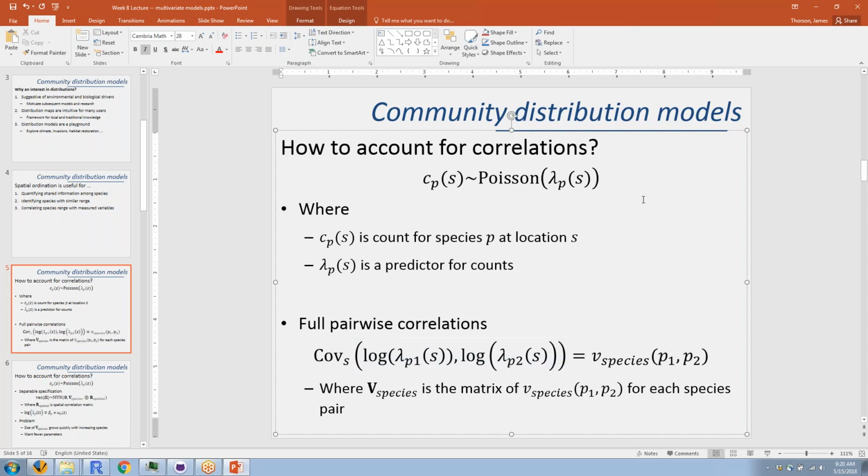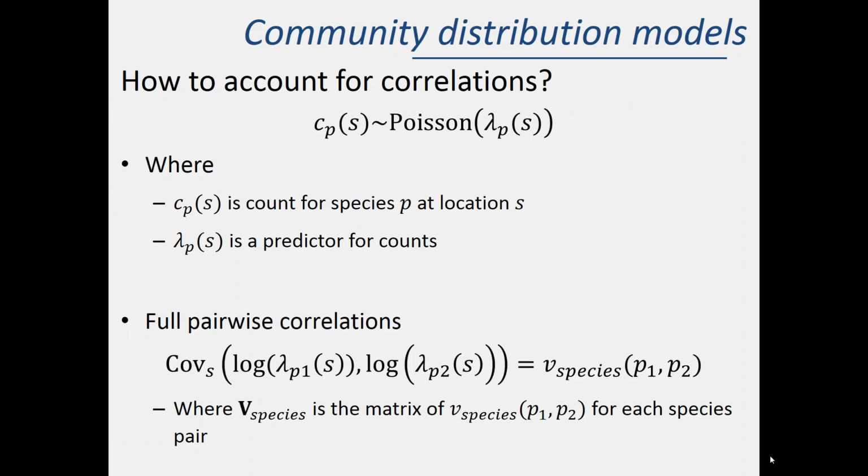So we might have a Poisson distribution for counts, like we've used since week 2 or something, where count C is a whole number: 0, 1, 2, 3, 4, etc. It's indexed by P, and I'm going to use subscript P for species, as a subscript because it's integer valued, whereas S could be continuous valued over space.